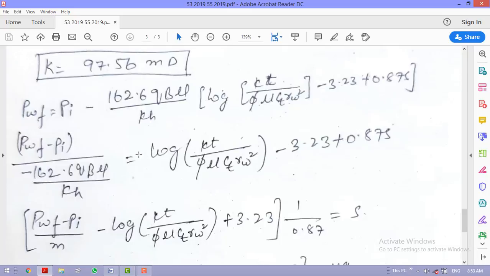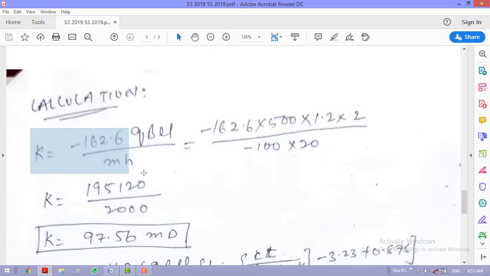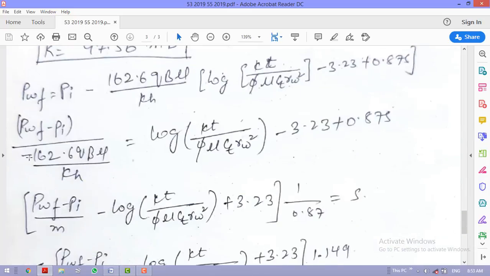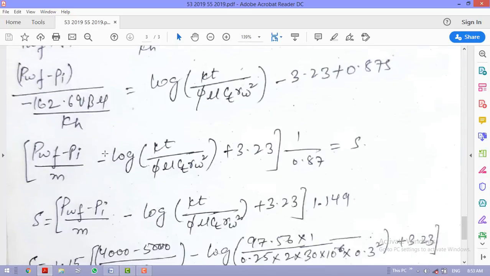As you can see above, I wrote one equation, K equals minus 162.6 QB mu by MH. It is the same as here, just in place of M we have K, so I can write this expression as equal to M, along with the negative sign. This is positive on the right hand side. When I took it from the left hand side, it becomes minus, and the same with the minus 3.23, which becomes plus 3.23 on the right hand side.